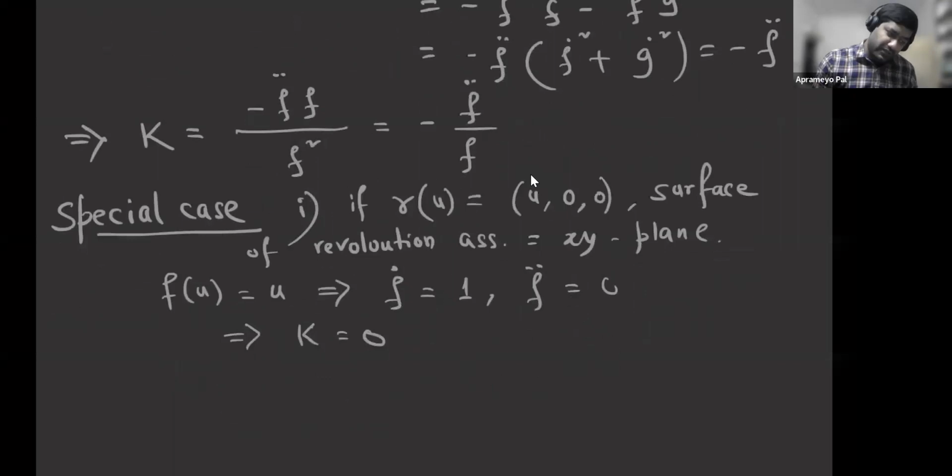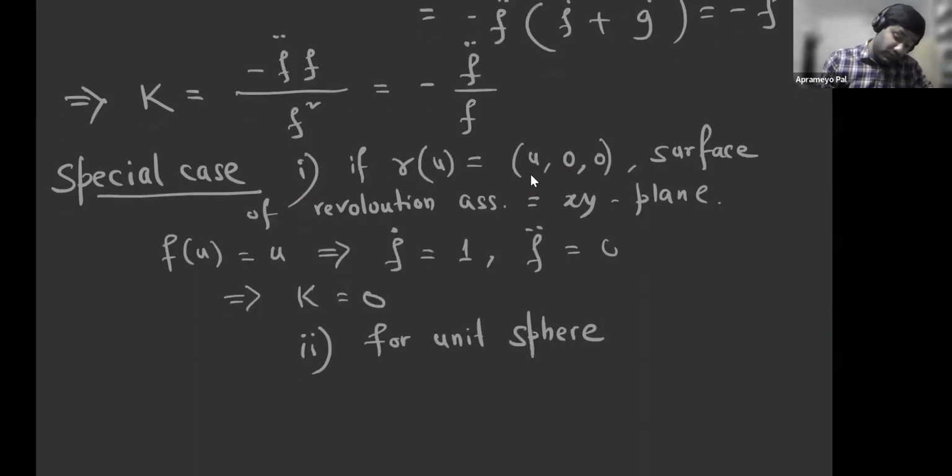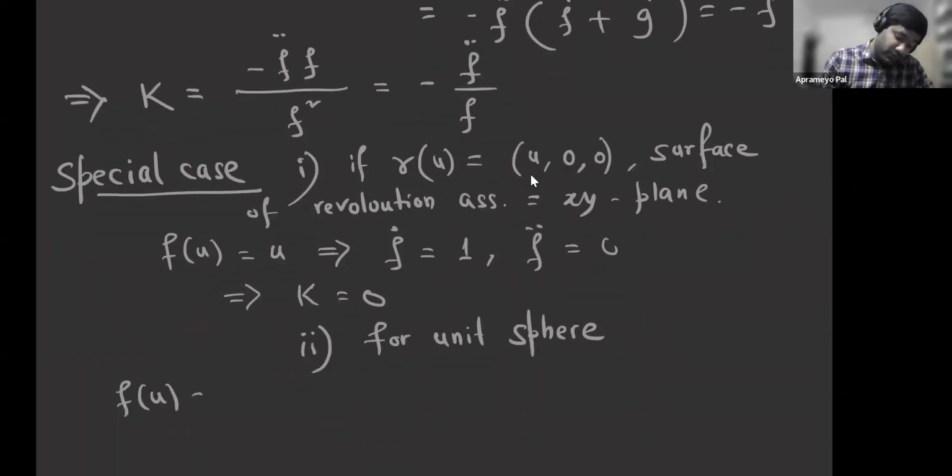Now let's consider the next example, the unit sphere. Then you put f(u) is cos u, but this will give you f dot is minus sin u, and f double dot would be minus cos u.